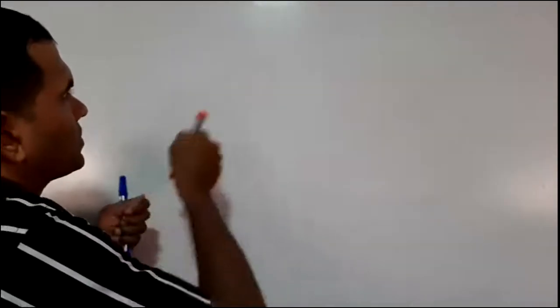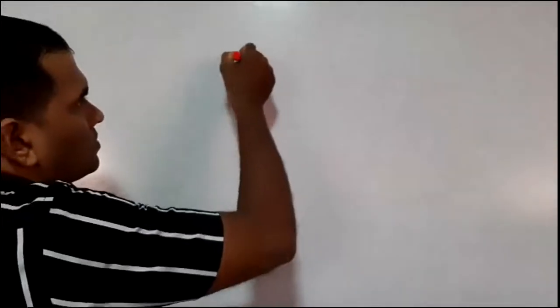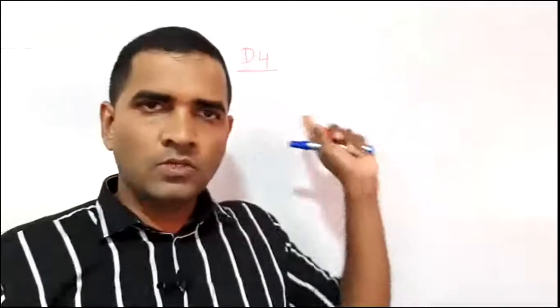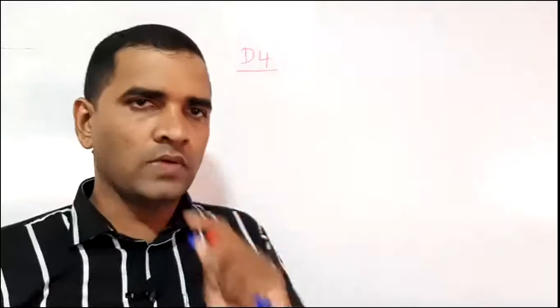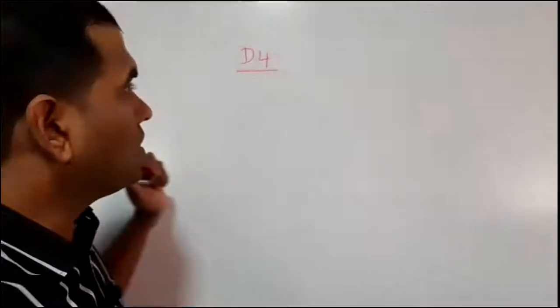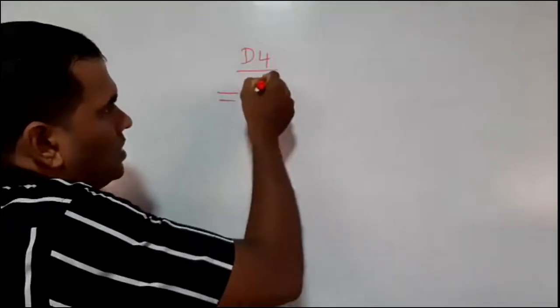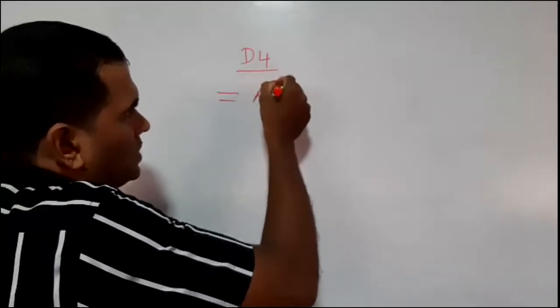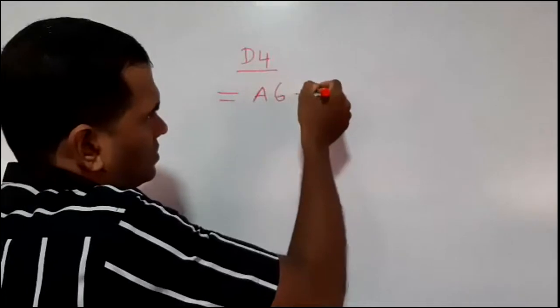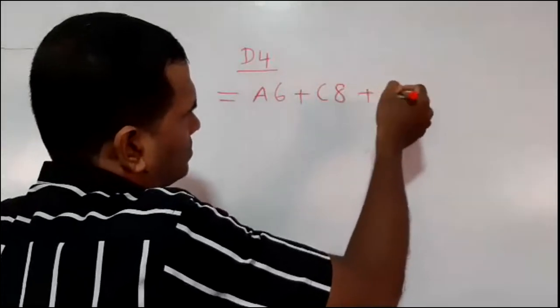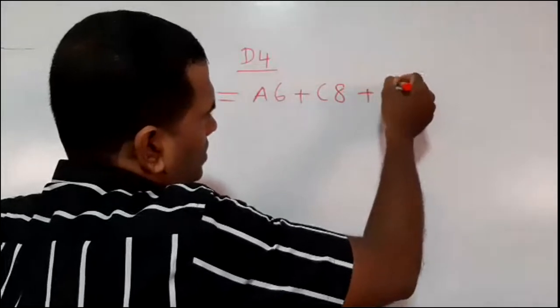So see, there is a formula in cell D4. I will ask a particular student, keep watching. So in D4, there is a formula. This is equal A6 plus C8 plus E5.